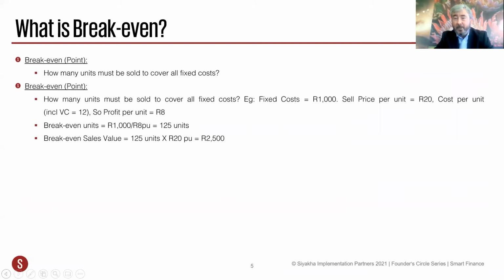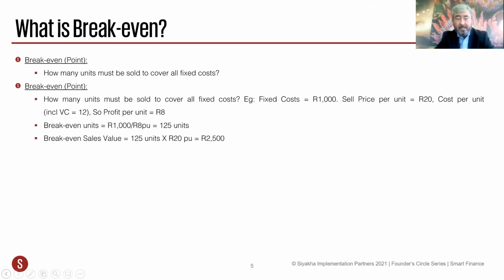We often hear that word bandied about, but break even, simply put, is how many units do I need to sell, or how many hours of service, if I'm in the service industry, do I need to sell to cover at the bare minimum all my committed costs. So in this case, we'll say fixed costs, because those are the ones in the short term we cannot get out of. So what's the bare minimum that I have to do to at least cover my fixed costs?